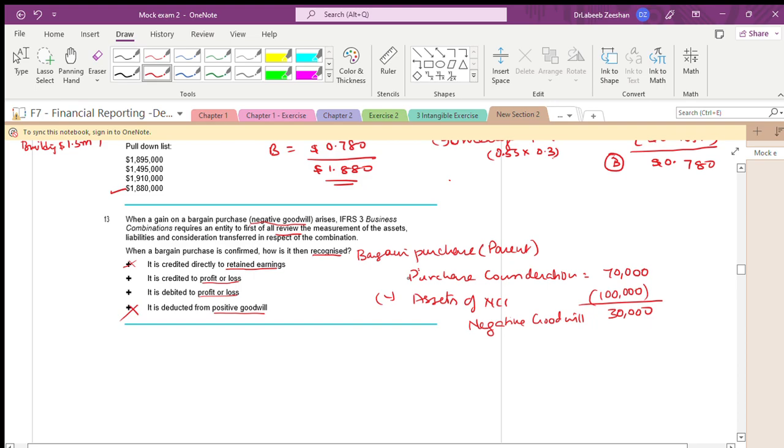Anything to the retained earnings will be routed through the profit and loss account, the income statement. Now we have two options, credit or debit. Which one will we do and why?